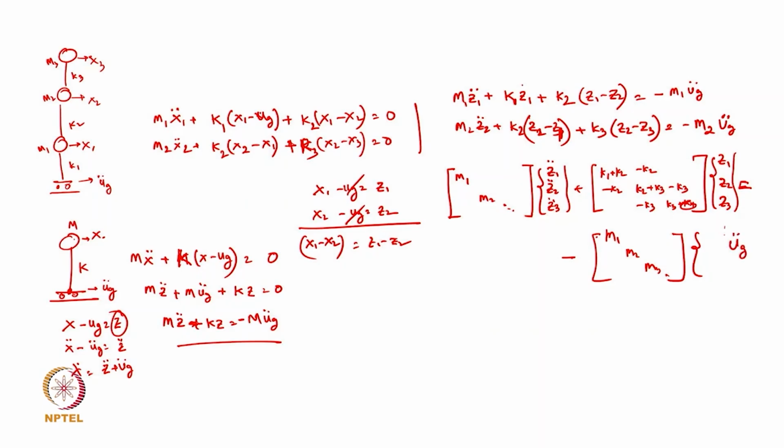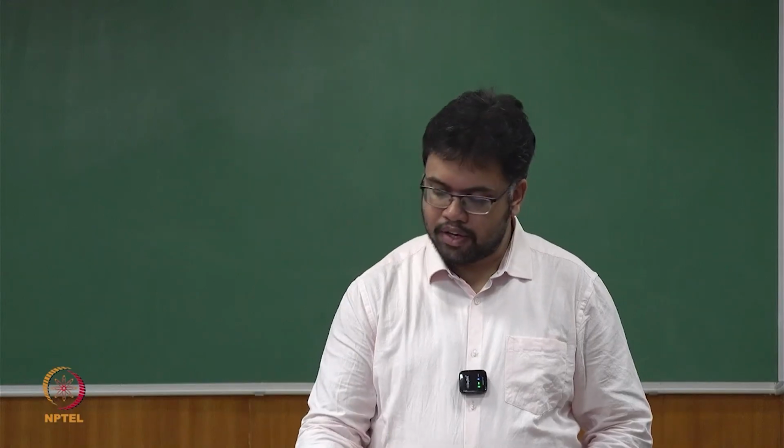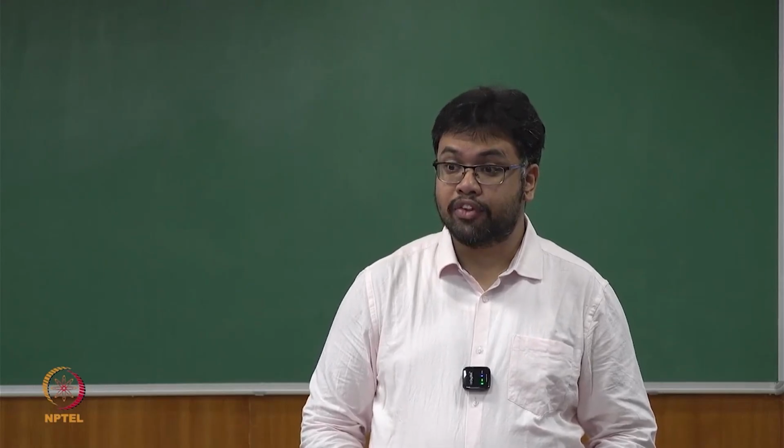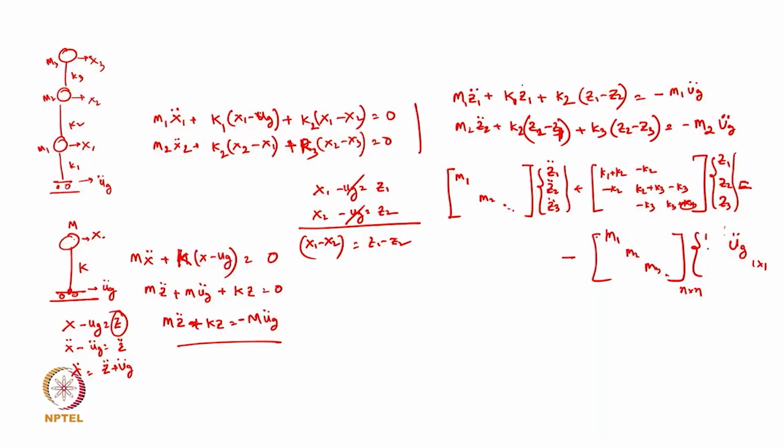But matrix-wise you cannot multiply this way, because this is n cross n and this is 1 cross 1. How will you multiply? Even an identity matrix will not help you. So all the entries can be 1, that is okay.